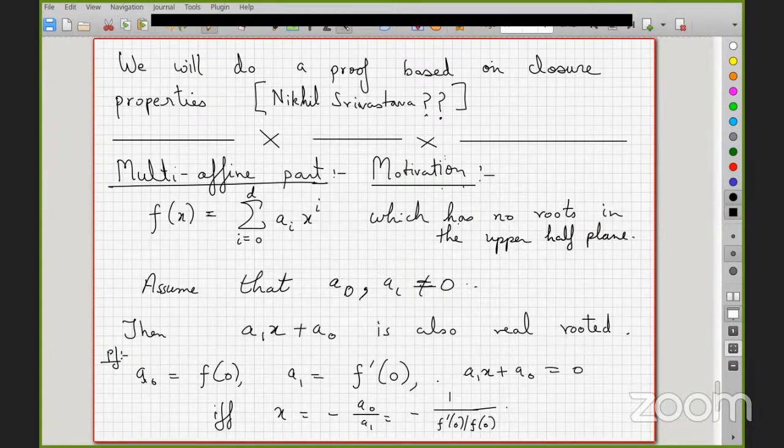Well, only when the coefficients are real. Now I'm not assuming all of that, right? So then a1x plus a0 also has no roots in the upper half plane. By upper half plane, you mean imaginary part strictly greater than 0? Yeah, strictly. So the open upper half plane.